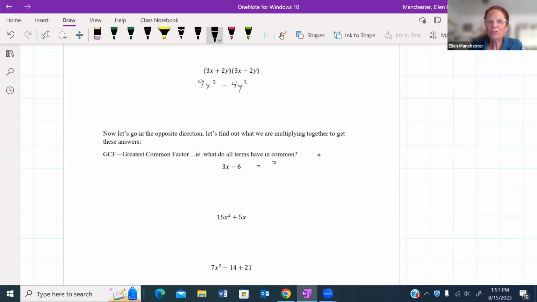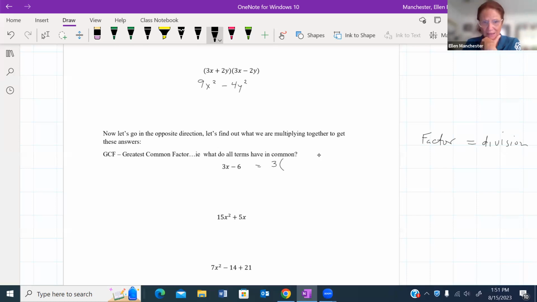So if I factor out a 3, okay, what I'm doing is when I say factor, what that means is division, right? I'm dividing out this value. Because when I multiplied something together, I got this 3x minus 6. Now I'm going to go in the opposite direction, and I want to find out, well, what did I multiply together?